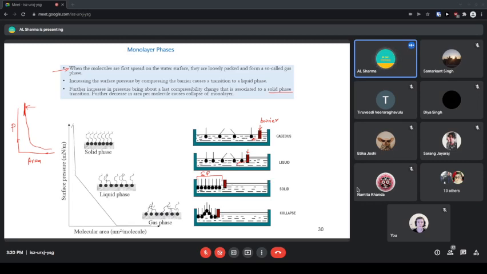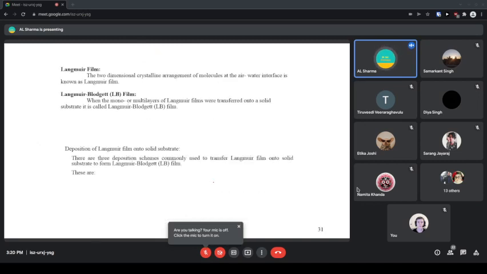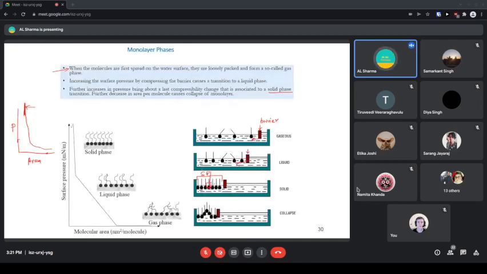Once you push this barrier at this end, at the same time one substrate is hanging here, and once it goes down, these materials are going to wrap. Suppose these are the molecules here in this way, and this is the substrate.